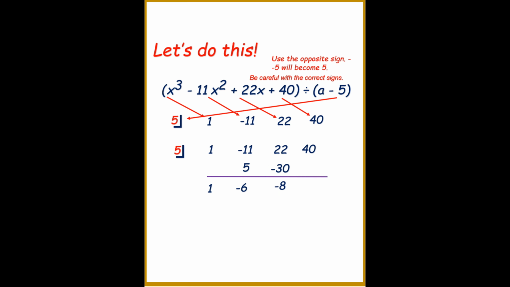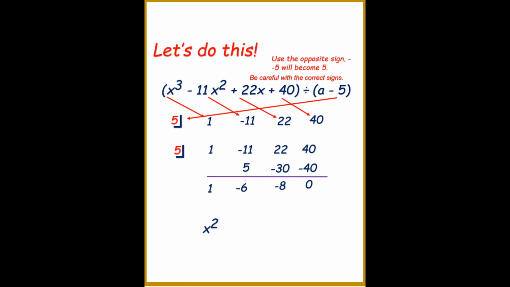The same steps happen. Negative 8 times 5, the answer is negative 40. Then we just add 40 plus negative 40, the answer is 0. So any number you add with its opposite sign, the answer is 0.